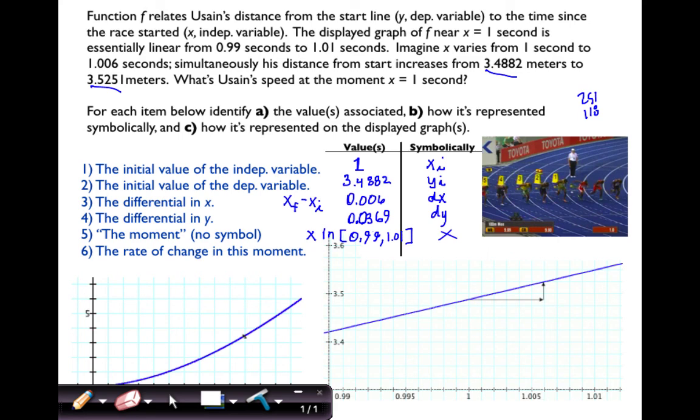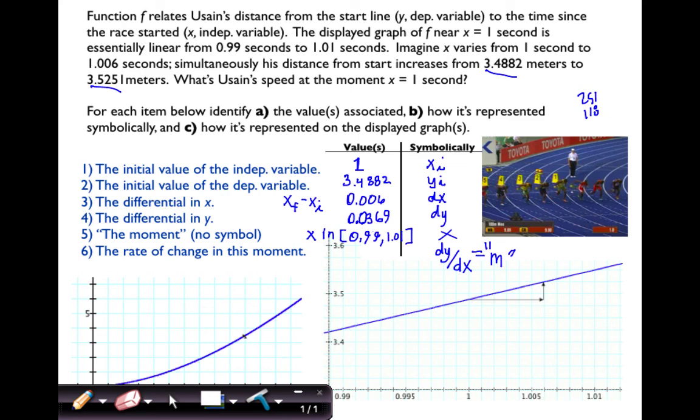Well, if I want to find the rate of change, I want to know dy over dx, the ratio there, to find this m. It's that constant rate of change that we're looking for. And it's not constant all the time, but it's within this moment. We'll say, well, it's approximately constant. So we can call it m, we can call it dy over dx, but we'd need to compute it by finding this ratio dy over dx.